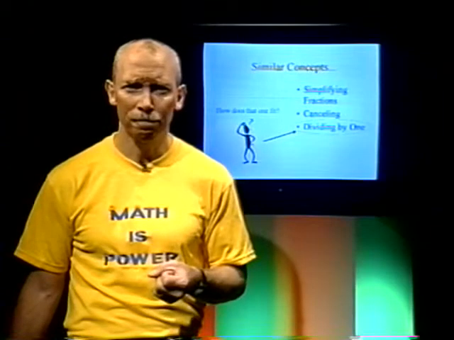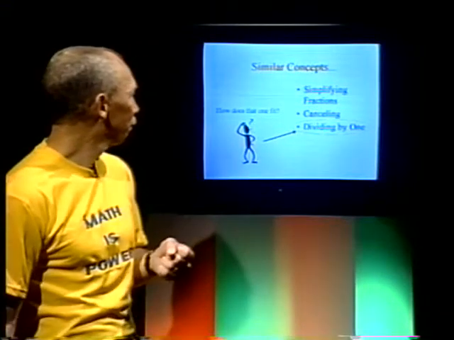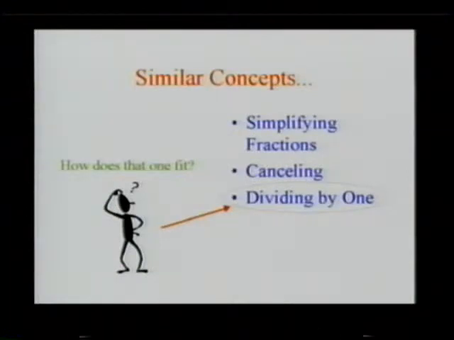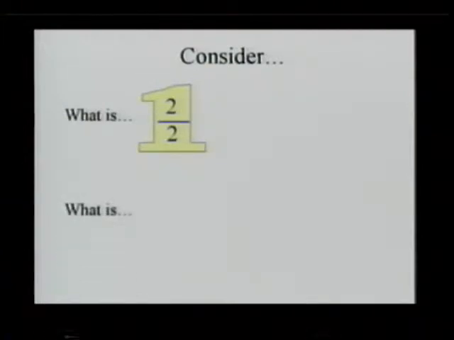Well, let's take a look. Consider, what is 2 over 2? You know what it is. It's 1. Then what is 13 over 13? Yes, it is also 1.